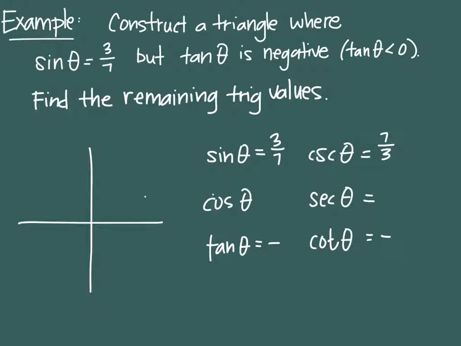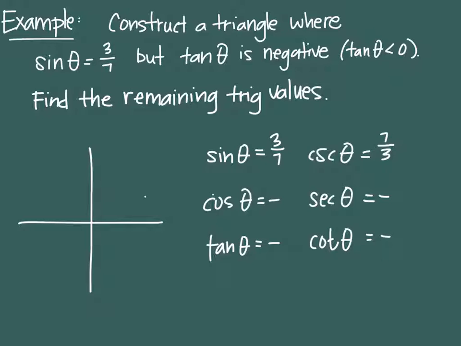Cotangent has to be negative. And if those two are negative, that means that actually something else has to be negative as well, which is cosine. Because you can't have a negative tangent unless either sine or cosine is negative. One of them has to be negative. And so cosine is negative, which means secant is negative.